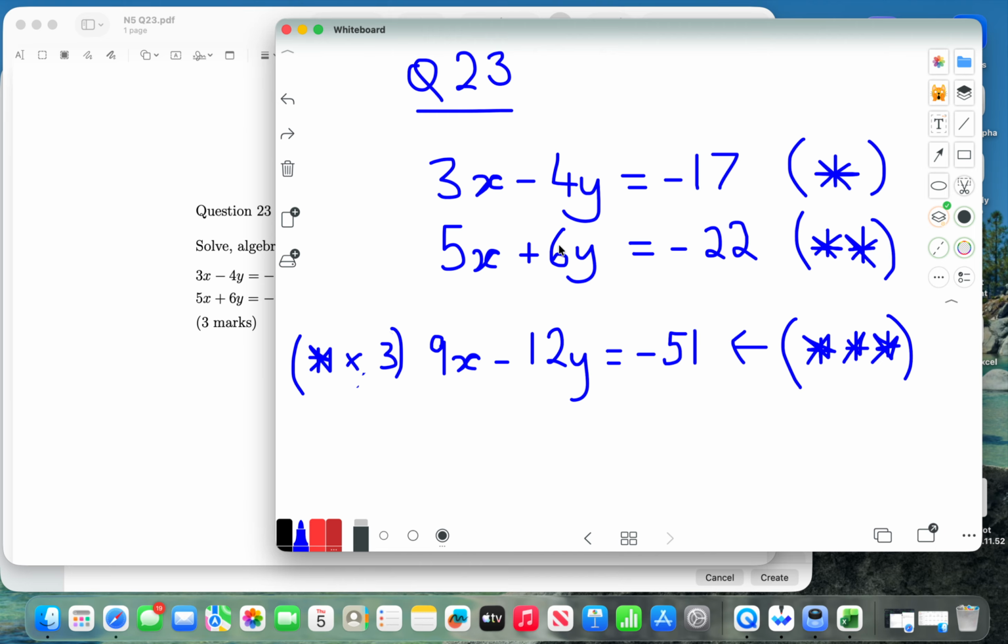But we then want to scale up the second one, star star. If we multiply that by 2, we get a 12 in front of the y, but we have to multiply the entire equation by 2. And this gives you 10x plus 12y is minus 44.